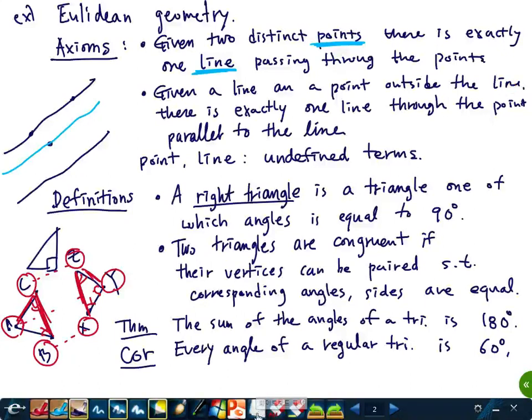Okay. What about lemma? I didn't tell you about lemma yet. So, an example of a lemma. Let's use another one. It's not in the Euclidean geometry system, but in general math.